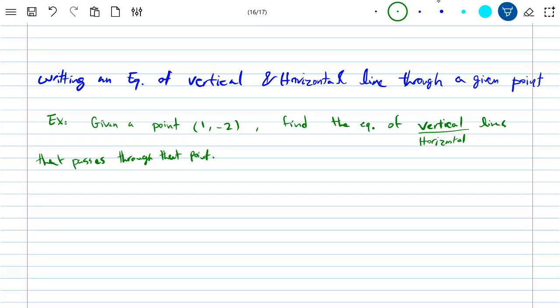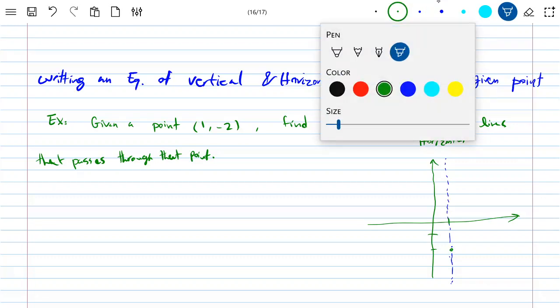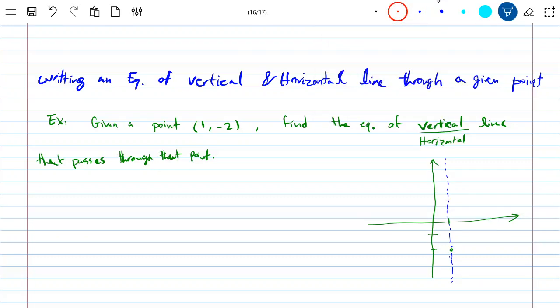Okay, so what do we want? You're given a point. The point is 1, negative 2. I want to find two equations. One is the equation of this vertical line that passes through that point. And the other is the equation of this horizontal line that passes through that point.